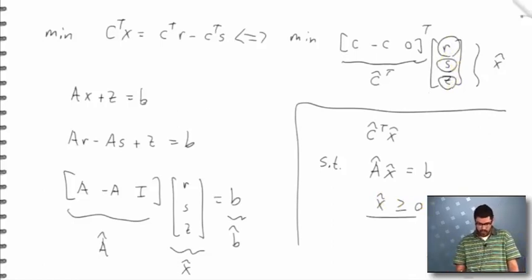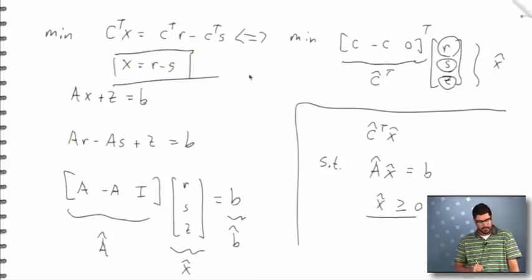So that's taken care of. We've cleaned up and removed X by the important equation X equals R minus S, and turned this problem from inequality form into equality, or the standard form. Okay, so that's probably the trickier one of the two.